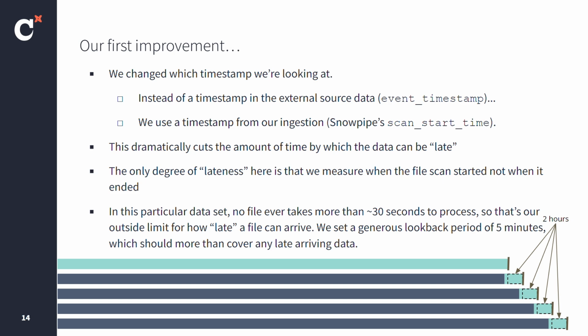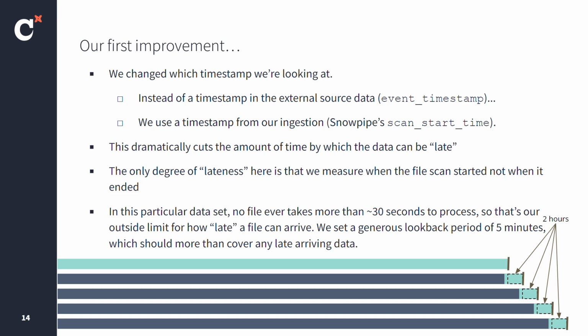And we continually test that. We actually caught a weird bug that Snowflake had a couple months back with their Snowpipe because of that, where we said, oh my God, all of a sudden files are taking 3 minutes to load. What happened? And they didn't know until we told them. In this data set, no file ever takes more than 30 seconds to process. So that's our outside limit for how late the data can be.